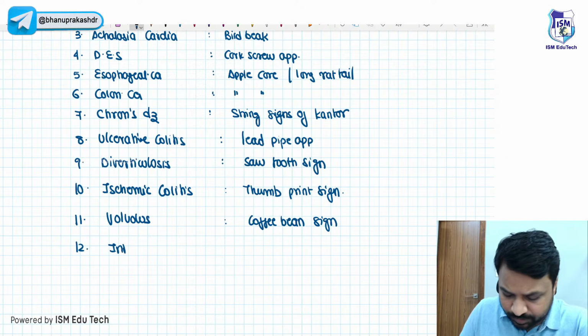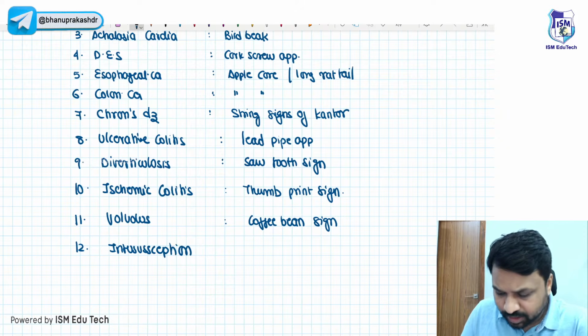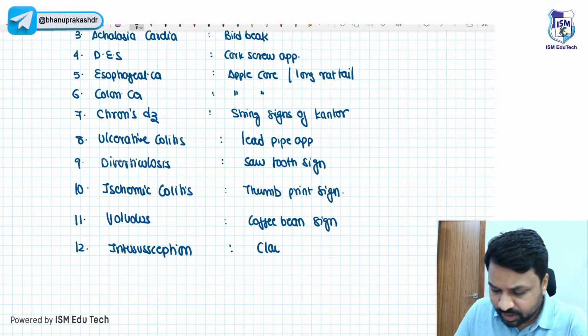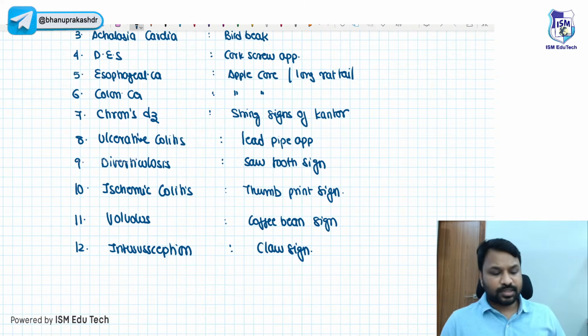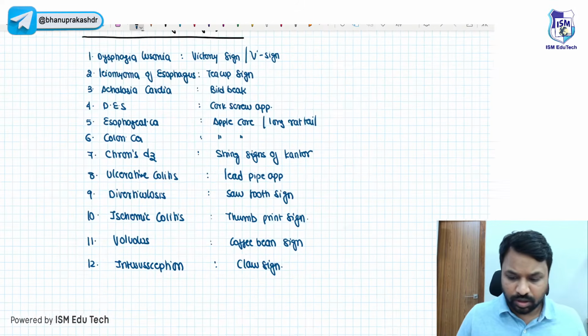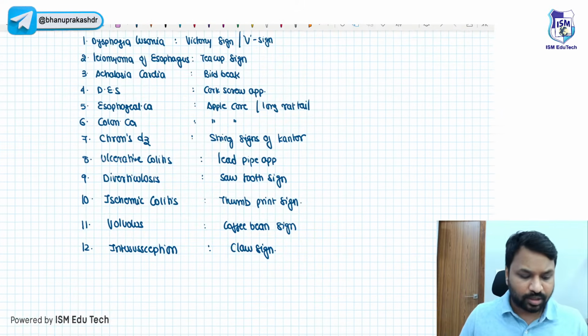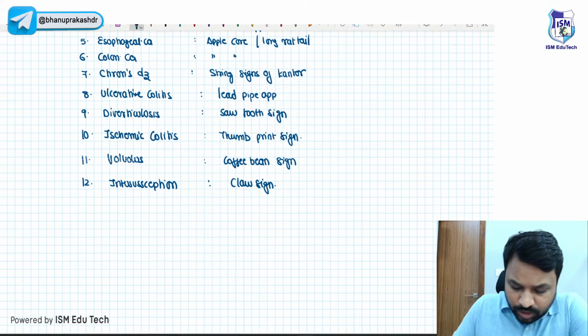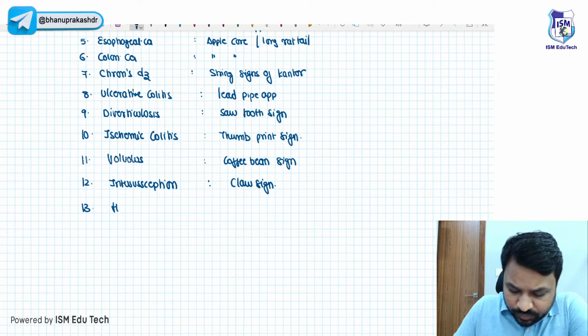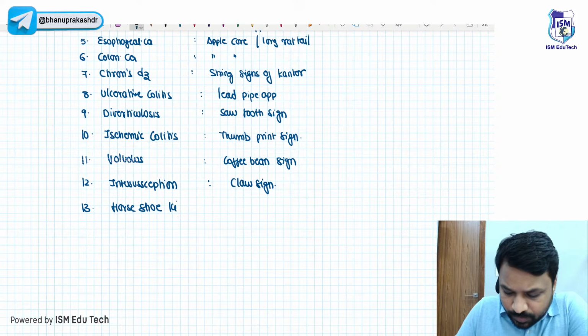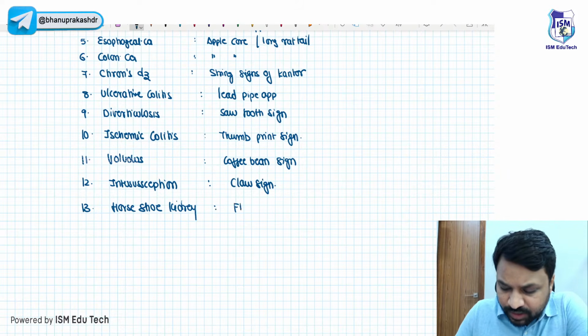In intussusception, we have the claw sign, right? In urology, if you have horseshoe kidney, you have the flower vase appearance.